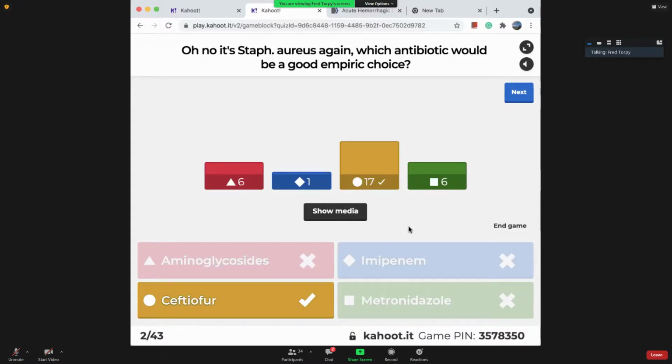And then metronidazole, it's also got a very specific spectrum, if anybody recalls that one. It's only anaerobes for metro. Yeah, exactly, anaerobes. So Staphylococcus is going to be a gram positive, and then it's going to be an aerobe, because you find it on your skin and whatnot.